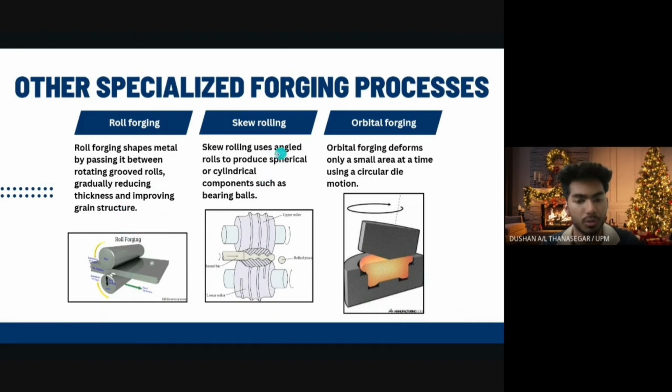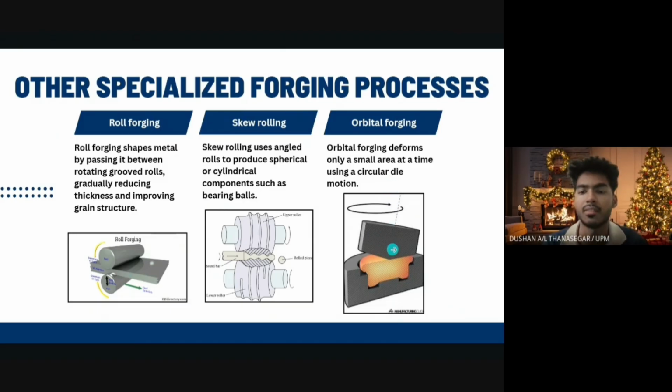There is also skew rolling, which uses angled rolls to produce spherical or cylindrical components such as bearing balls, as you can see here. Finally, there is also orbital forging, which deforms only a small area at a time using a circular die motion. This reduces forming force and is suitable for precision components.